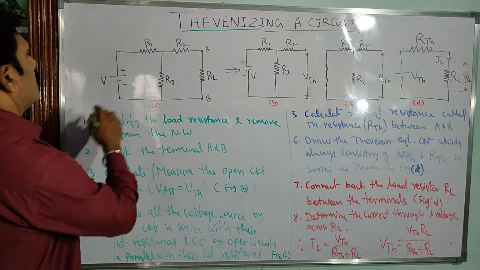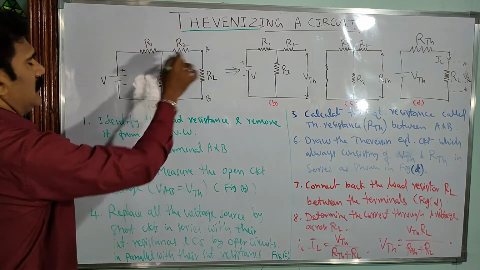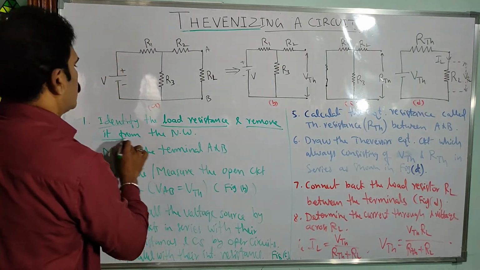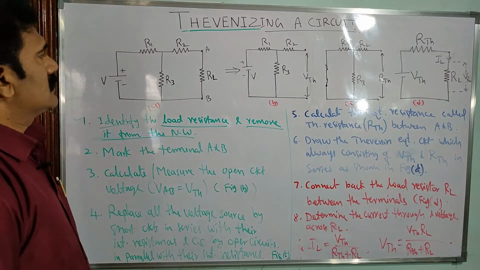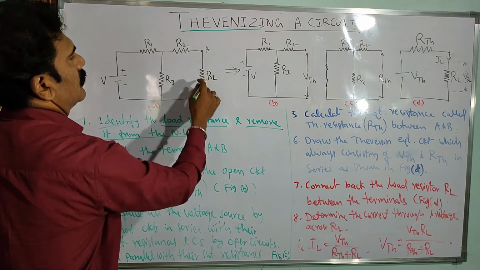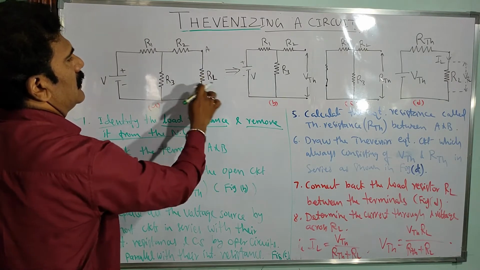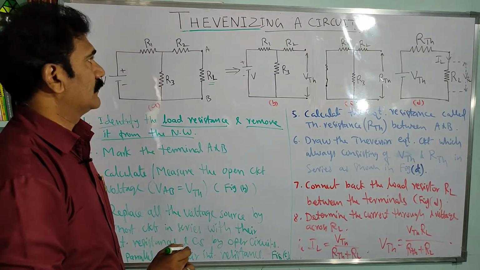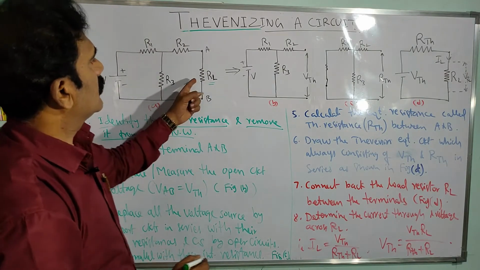So the first step in the given network A is to identify the load resistance and remove it from the network. This is the given network. I will mark the terminals A and B. Across the terminals A and B there is a resistor RL, so the load resistance is identified here. Then you have to remove that load resistor.